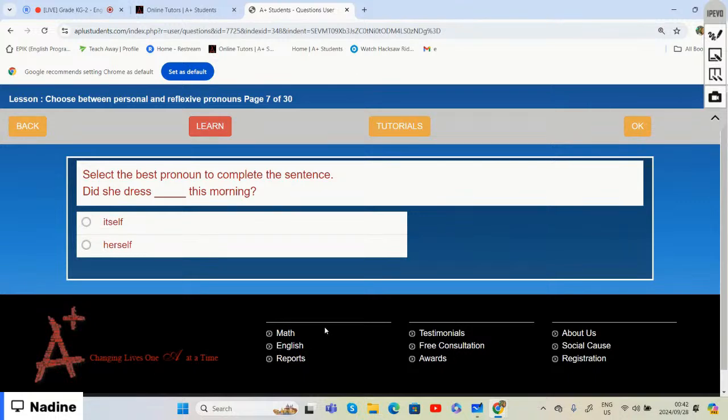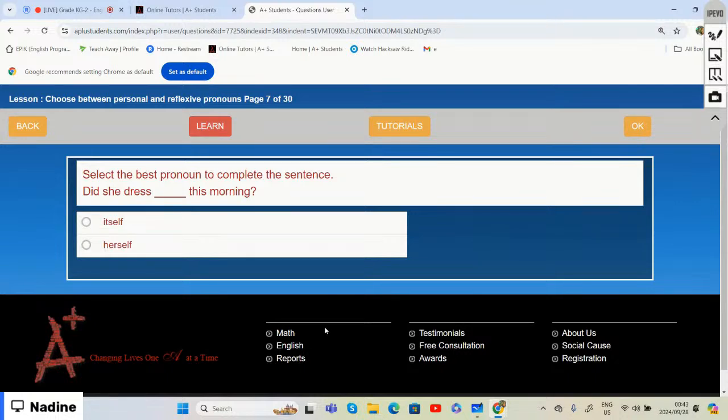So, for example, we'll say, I did something for myself. He did something by himself. She did something by herself. You did something by yourself. It did something by itself. That is reflexive pronouns. The reflexive pronoun needs to refer back to the subject.